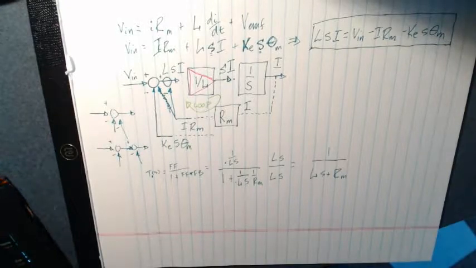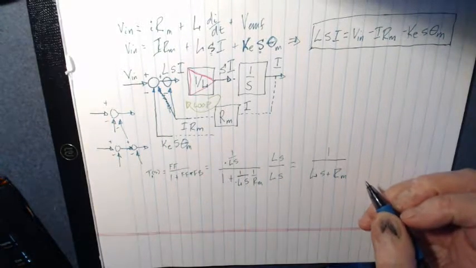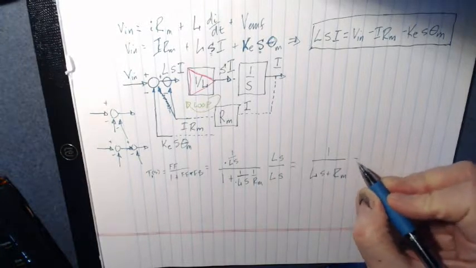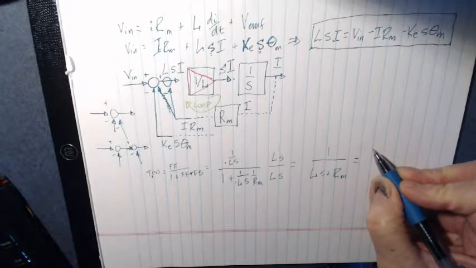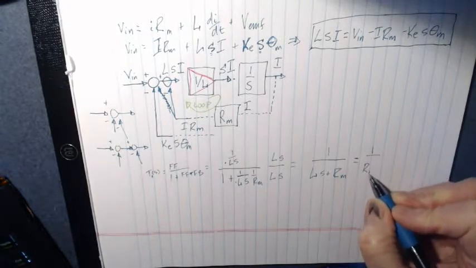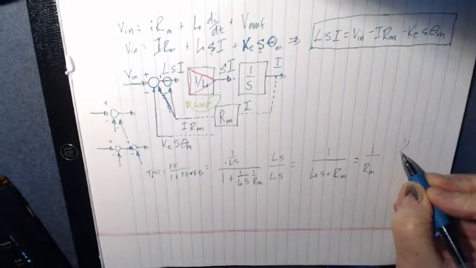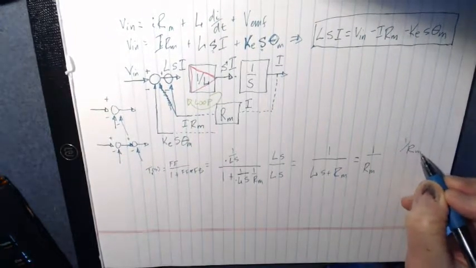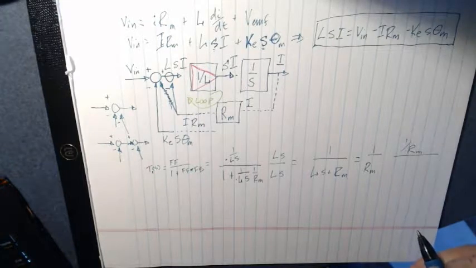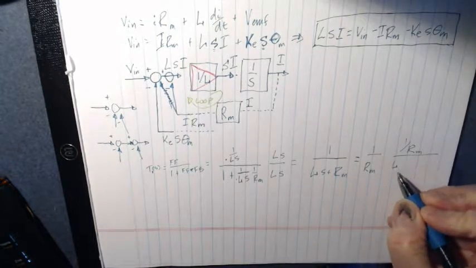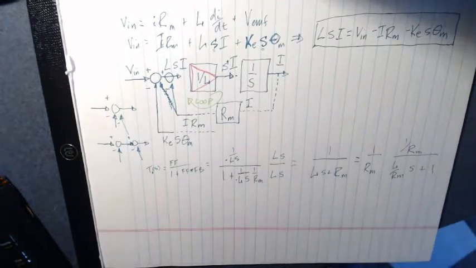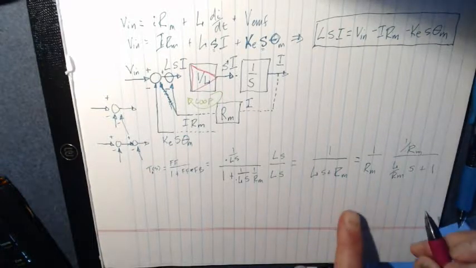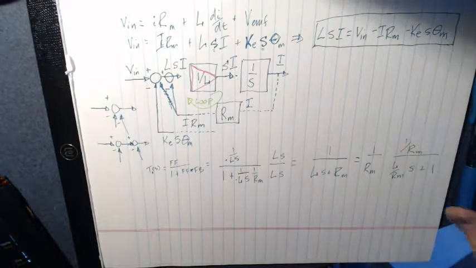Now, I'm going to do just one more math operation here that I think is going to help you out a little bit. I'm going to take out a factor of 1 over RM, and this is going to be 1 over RM divided by L over RM S plus 1. Oh, sorry, this is not right.